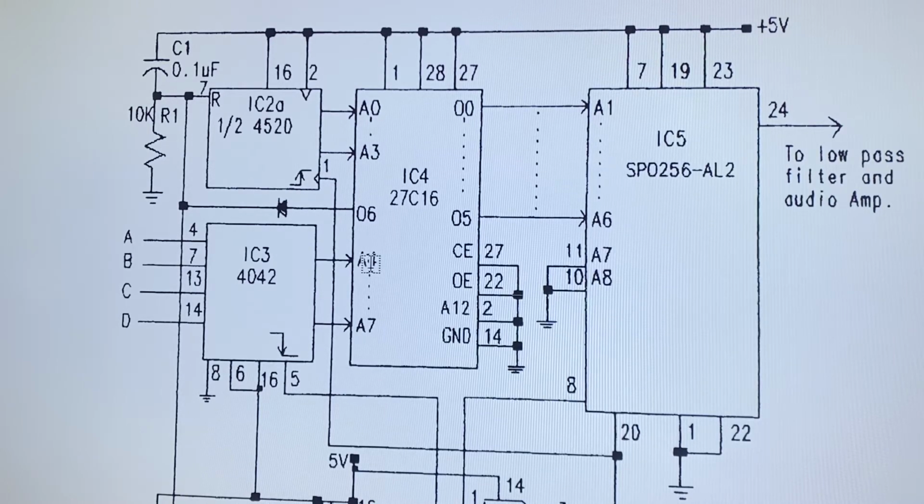So A4 will be 1, the rest of the address inputs will be 0. If A4 is 1, the binary weight of A4 is 16. So when this counter starts counting again, it'll scan memory locations from 16 up to 16 plus another 16, up to 31.